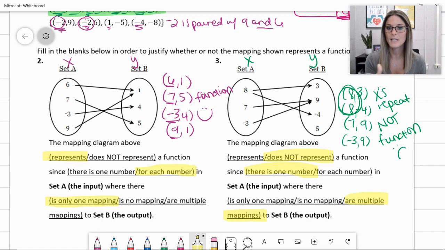See that? The mapping diagram above does not represent a function since there is one number in the input, 8, where there are multiple mappings to set B. 8 goes to 3 and -4. So those are your choices there.